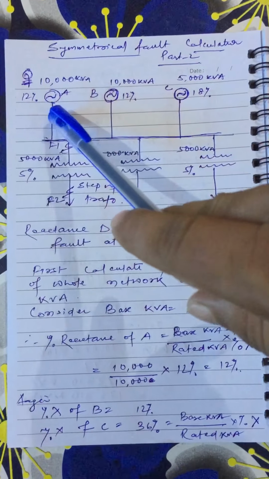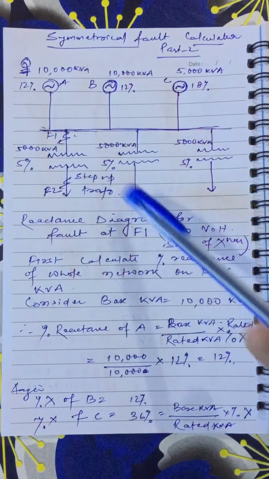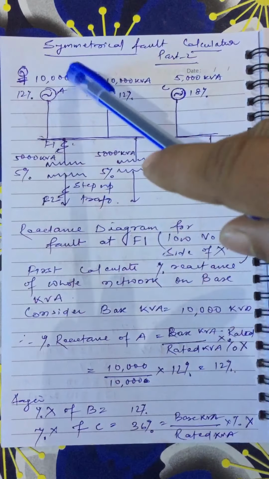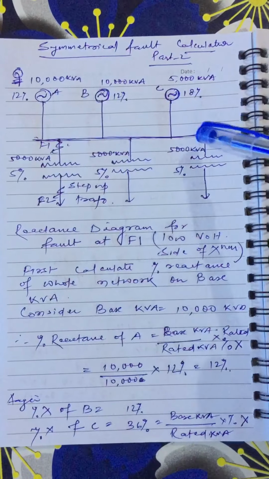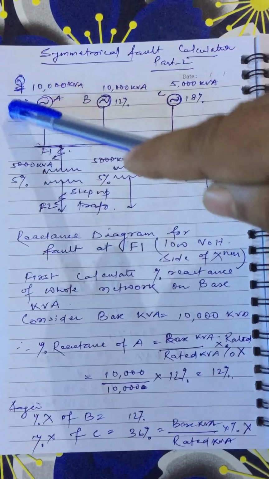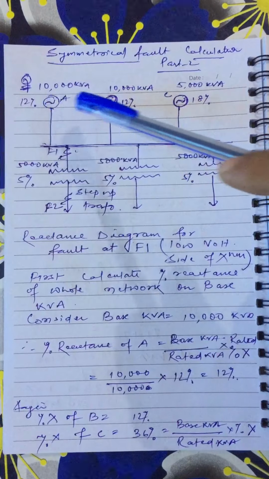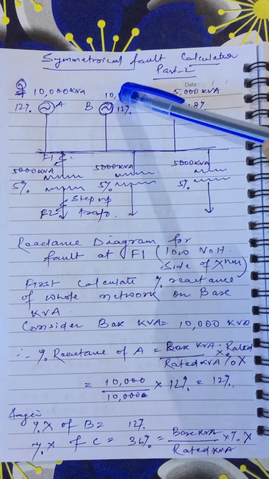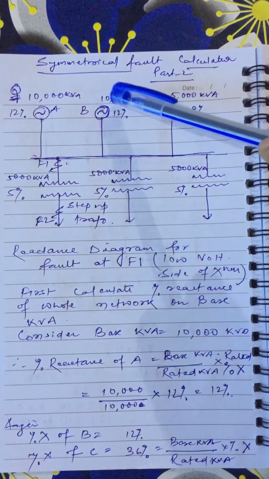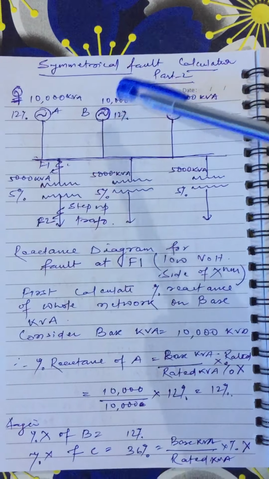So let us find out the percentage reactance of A. For the percentage reactance of A, the base kVA and the rated kVA are the same, so the percentage reactance will remain 12%, and the same will happen for B also. Since the base kVA and the rated kVA are the same, the equivalent percentage reactance on the base kVA will remain 12%.